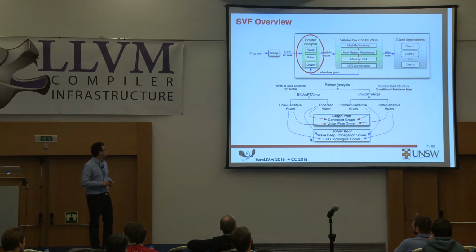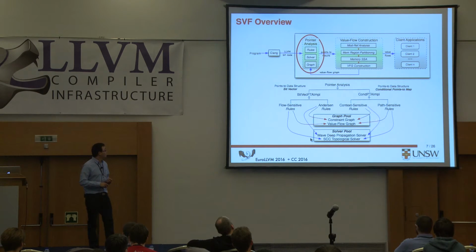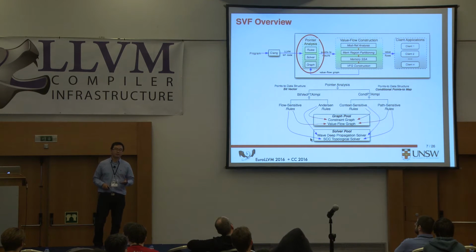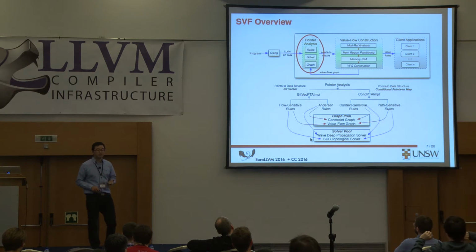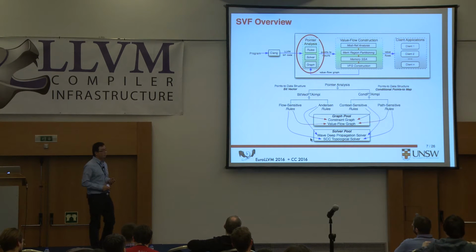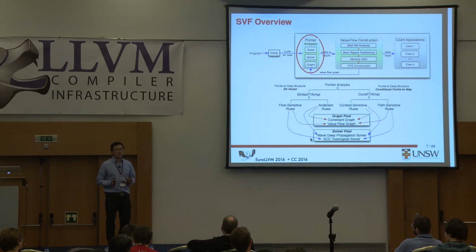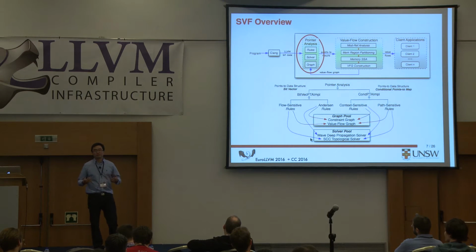So for example, a simple flow-insensitive Andersen analysis can be performed using the transitive closure rules on top of a constraint graph, with constraint solver techniques like wave and deep propagation and lazy cycle detection. Similarly, flow-sensitive analysis can be performed on a def-use graph or value flow graph with an SCC topological solver using iterative data flow analysis. Also, different pointer analysis techniques can choose different points-to data structures.